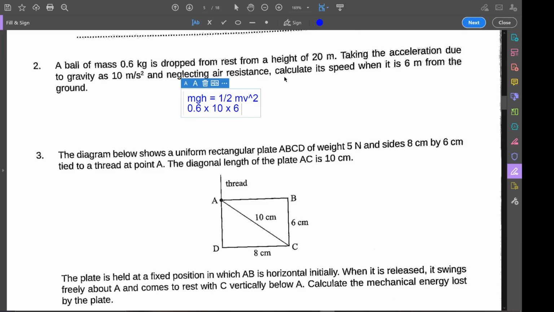Equals to half times 0.6 times v squared.